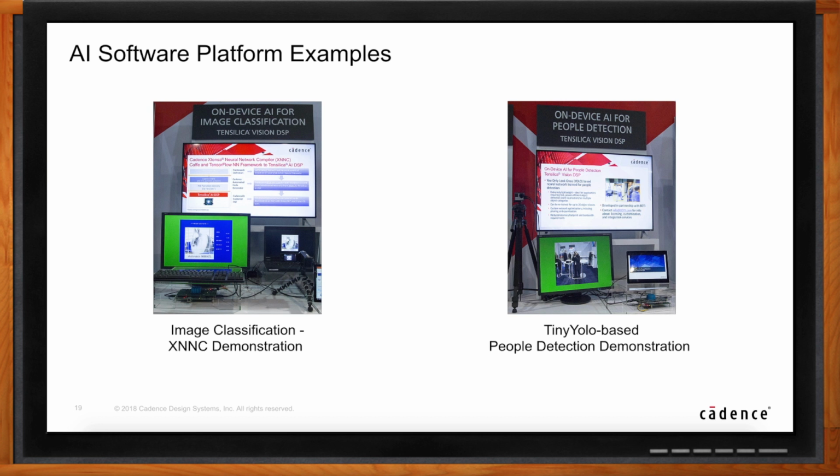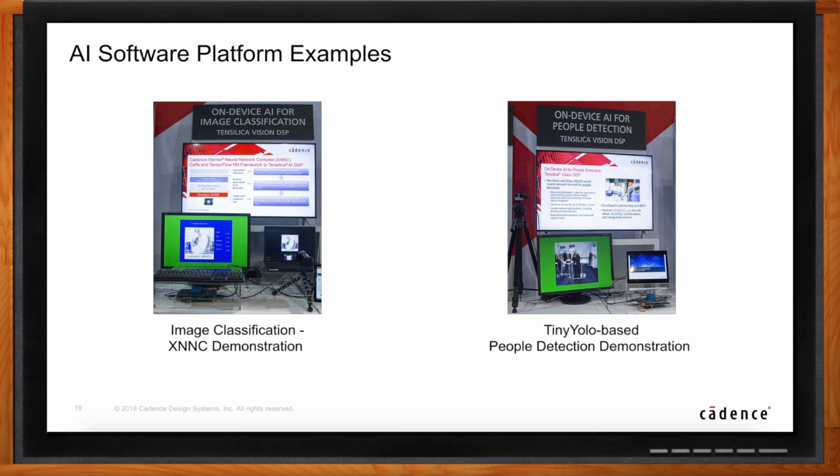That's the power of that neural network compiler. On the right-hand side, on the same hardware platform, we worked with our software partner, and that partner brought a tiny YOLO-based people detection algorithm to this platform. This camera is looking at people, and every time it detects people, it draws a rectangle on them. Now, I know it takes a whole village to do AI and vision.